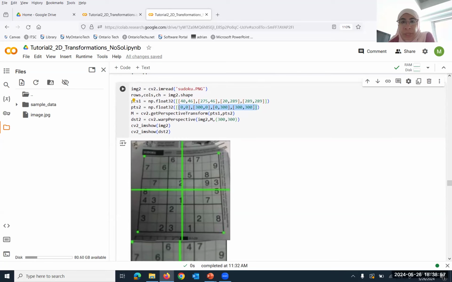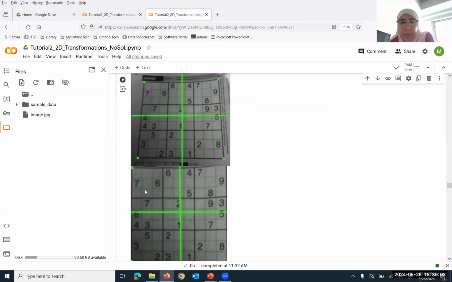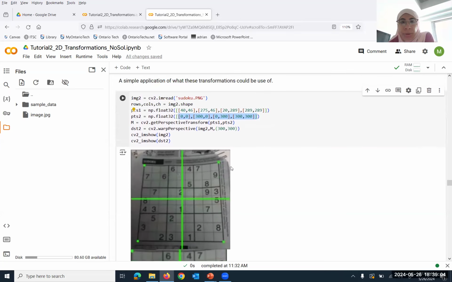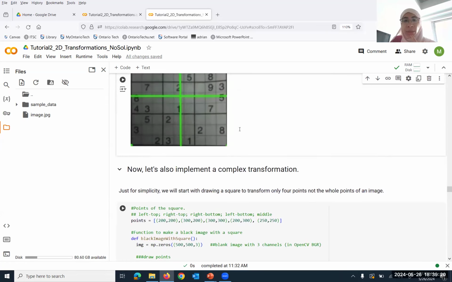It doesn't actually matter, because at the end it will stretch to fill the 300 by 300 image. So this is what Rachel was saying. We have the origin 0, 0, then the number of columns, 0, the number of rows, and so on. Then you get perspective transform, and then you warp perspective.